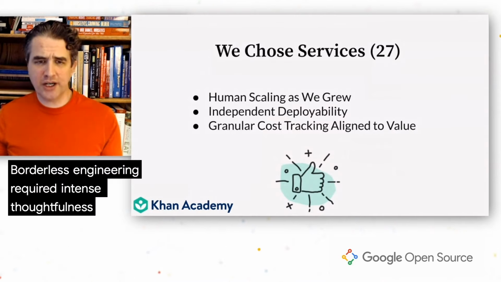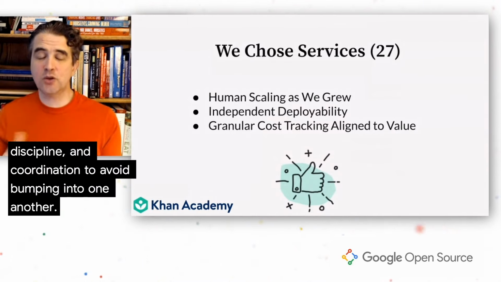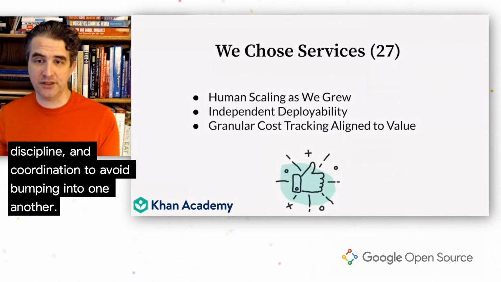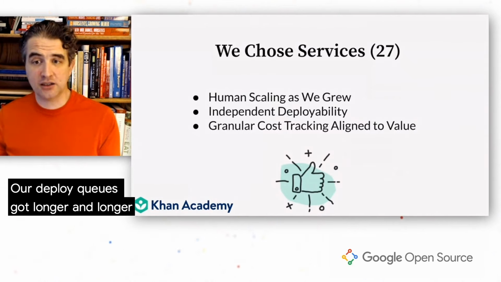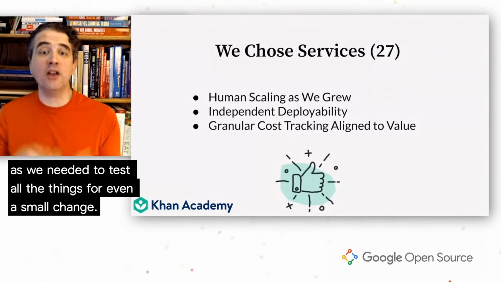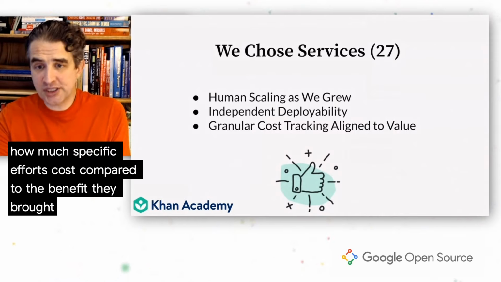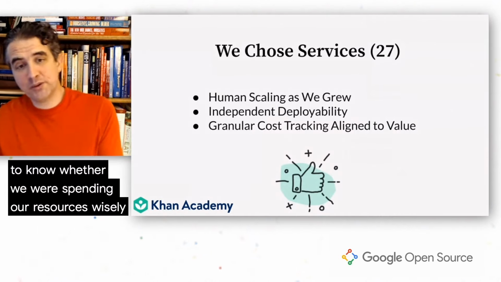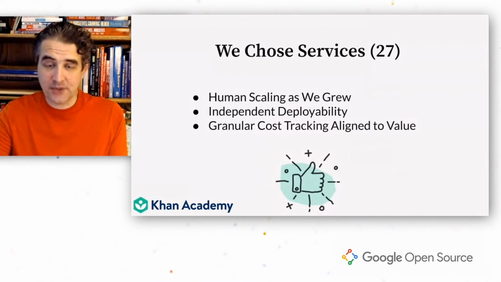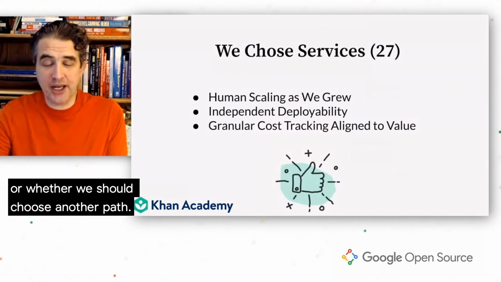Borderless engineering required intense thoughtfulness, discipline, and coordination to avoid bumping into one another. Our deploy queues got longer and longer, as we needed to test all the things for even a small change. We also couldn't isolate how much specific efforts cost compared to the benefit they brought, to know whether we were spending our resources wisely, or whether we should choose another path.